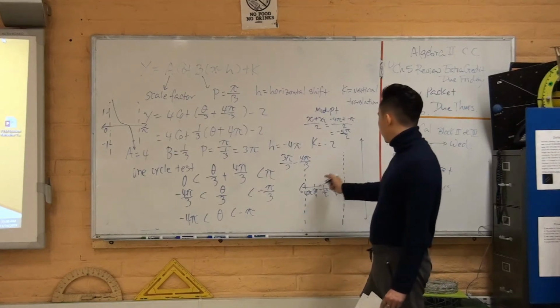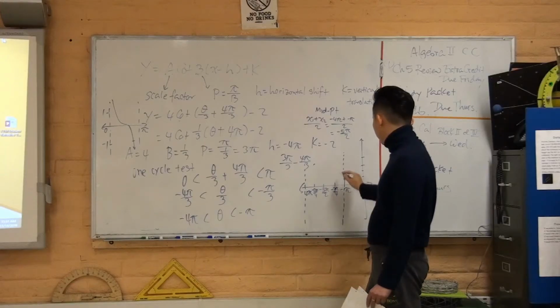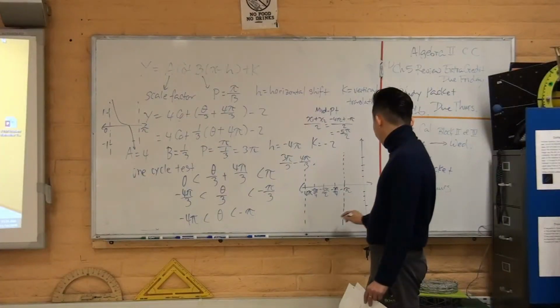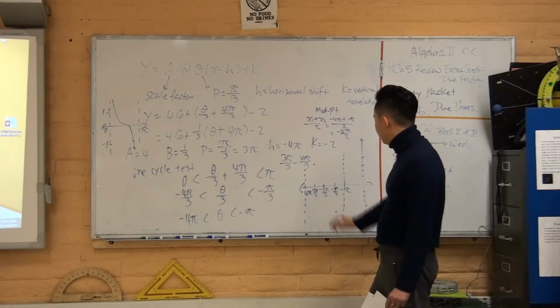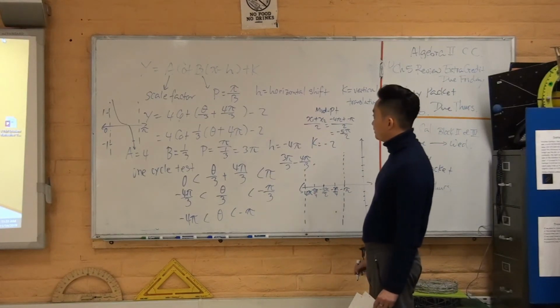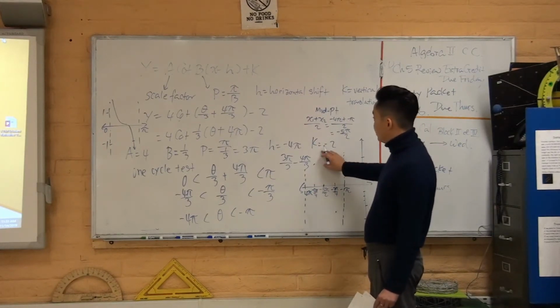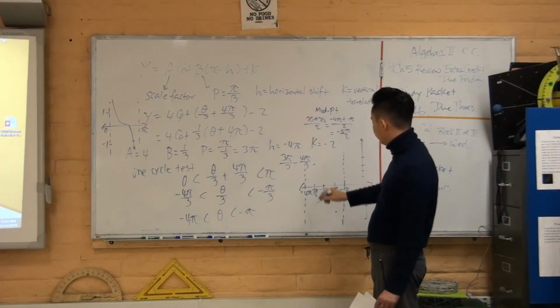So over here is going to become 4. 1, 2, 3, 4. And then down. And then over here in the middle, the midpoint, it's always 0. So now basically just connect the curve. Again, this one is just the parent graph because we're not doing the vertical translation yet.